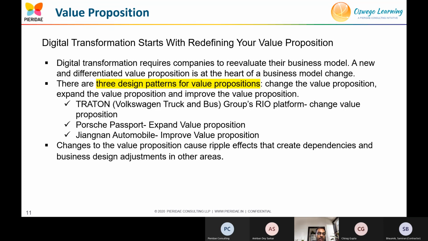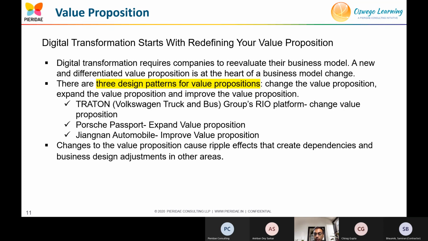This company, Jiangang Automobile, is a Chinese company, like the Maruti Suzuki of India. They specialize in delivering low cost cars. They produce at scale and give it at smaller prices, meaning their cost is lower. So this is a popular car in China.